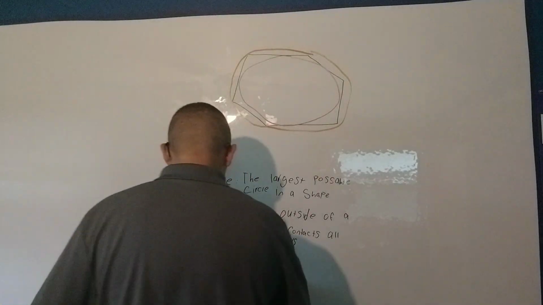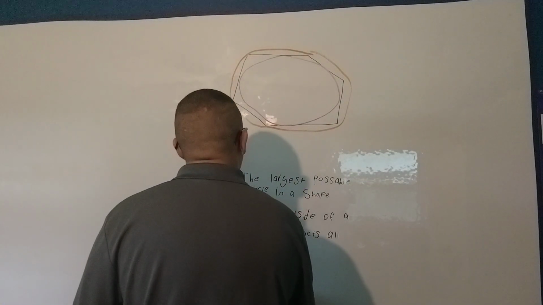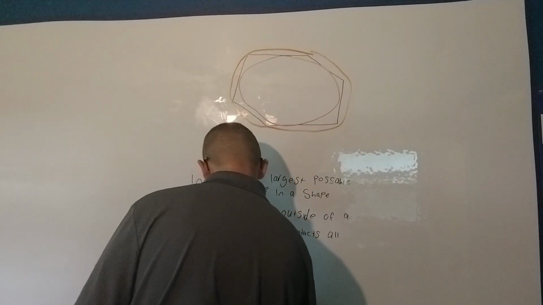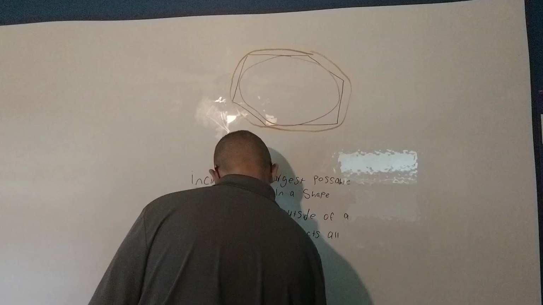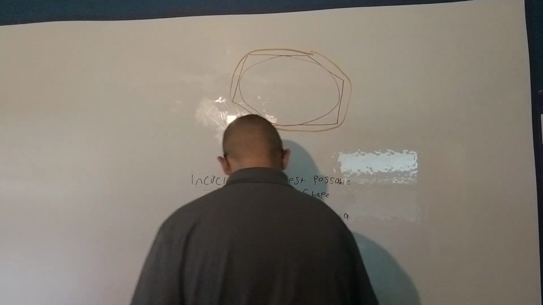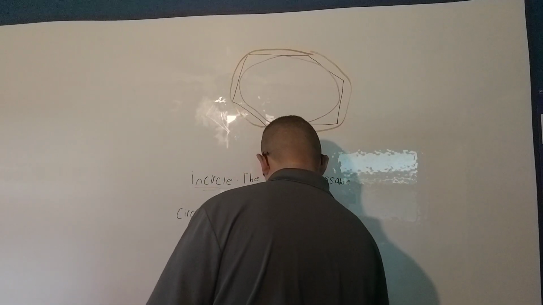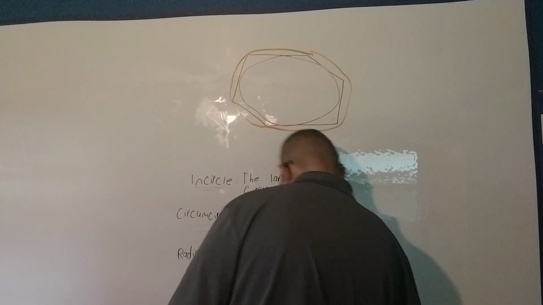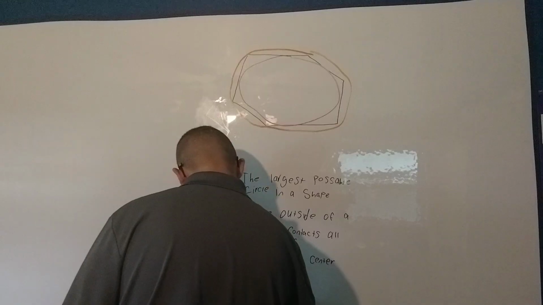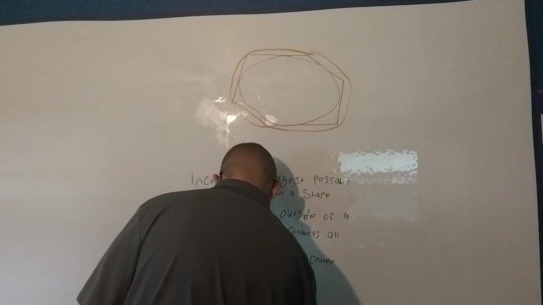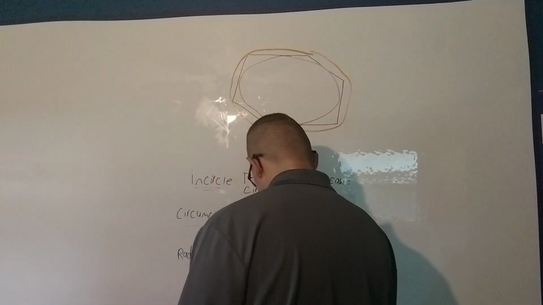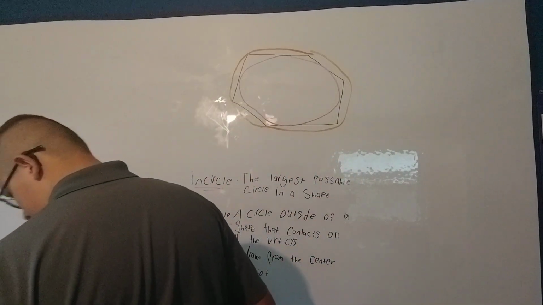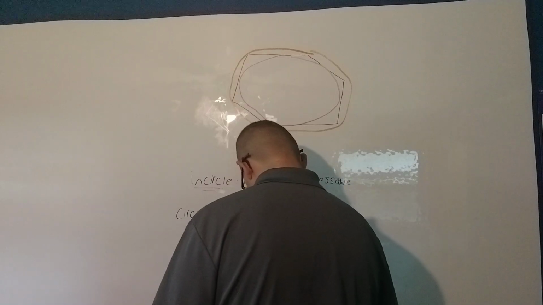The radius is a line drawn from the center of a shape to one of the vertices.